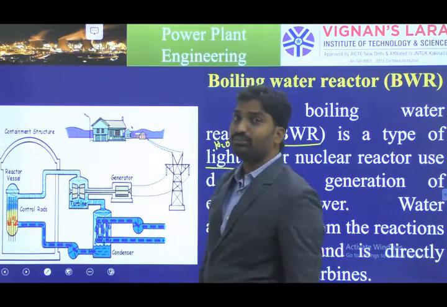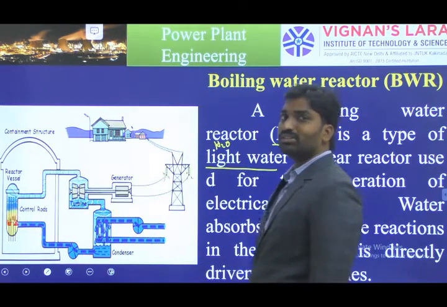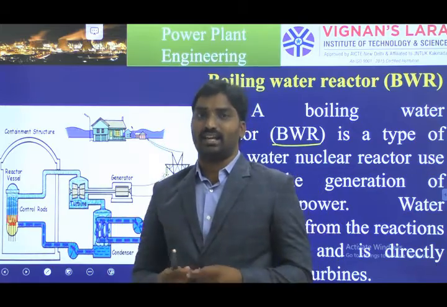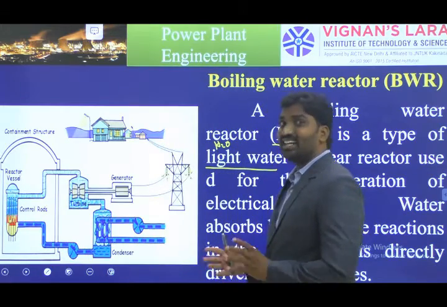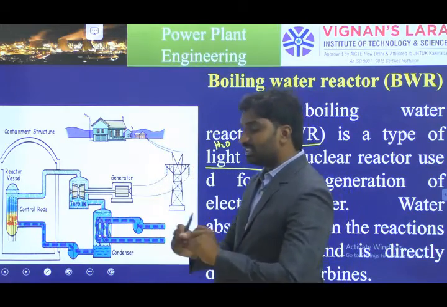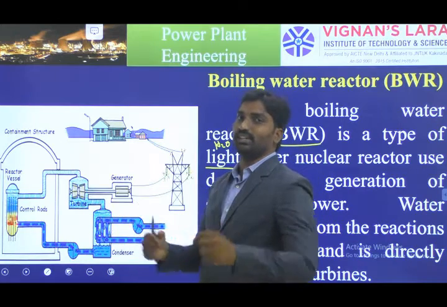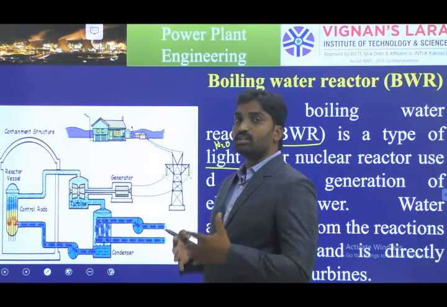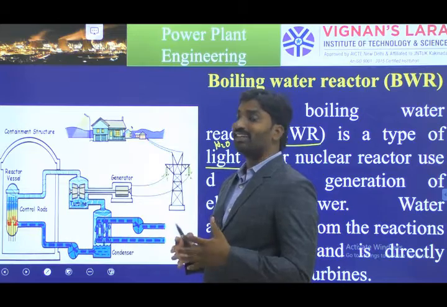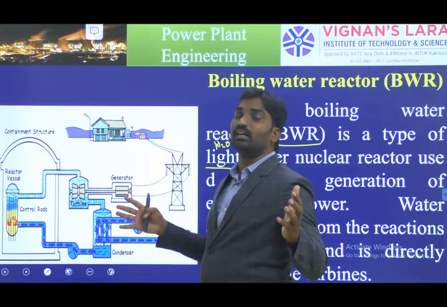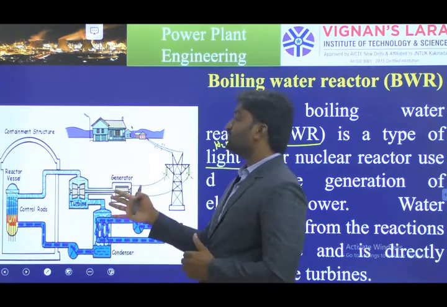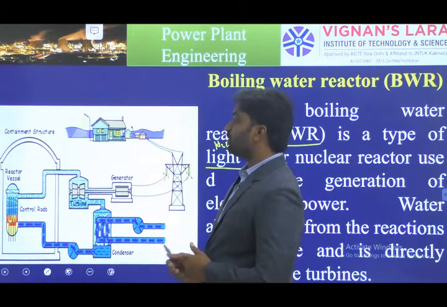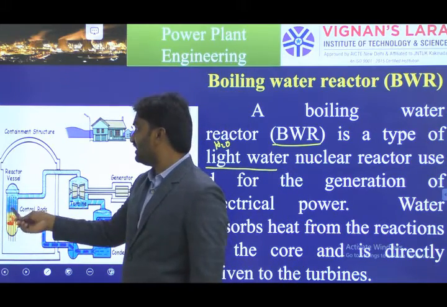In the fuel rods, fission reactions take place continuously. It is a chain reaction, which continuously releases a large amount of heat energy. But we would like to control that heat energy, otherwise it could blow up the entire power station. That's why we use the control rods.